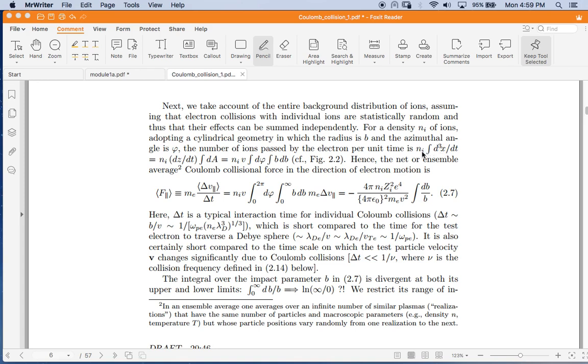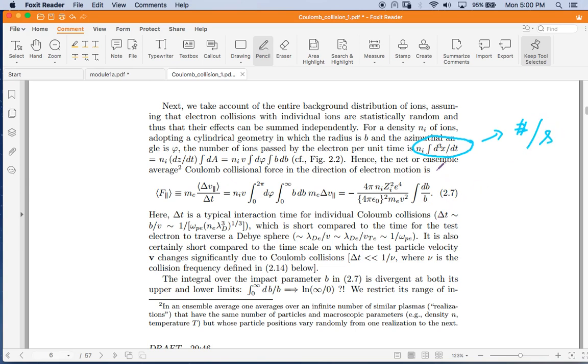The number per centimeter cube times centimeter cube gives you number. So this is the number of ions passed by the electron per unit time, number per second.